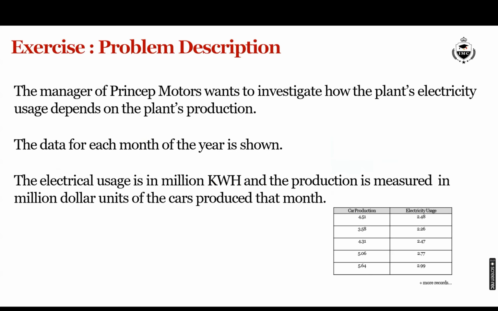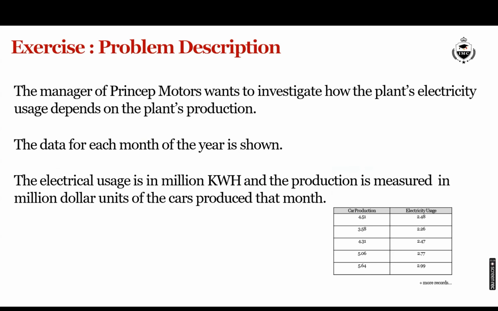The manager of Princess Motors wants to investigate how the plant's electricity depends on the plant's production. So here, plant's electricity usage is the Y data because it is dependent on the plant's car production.